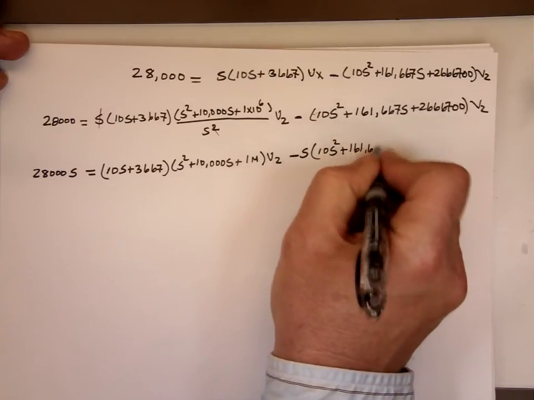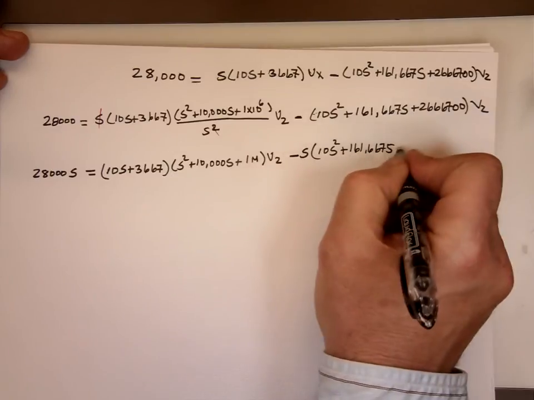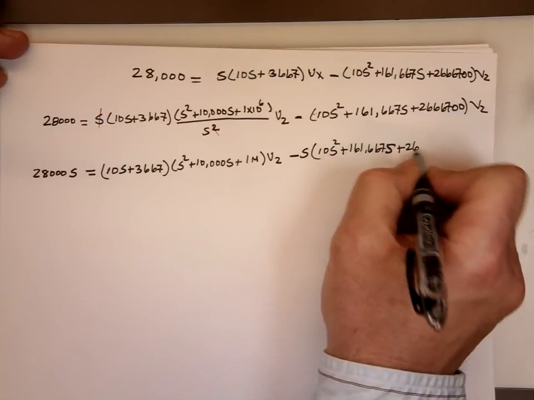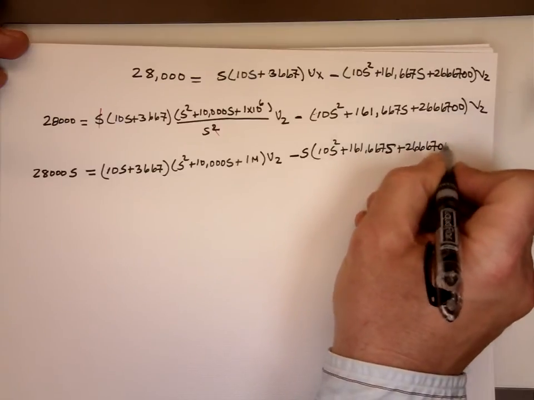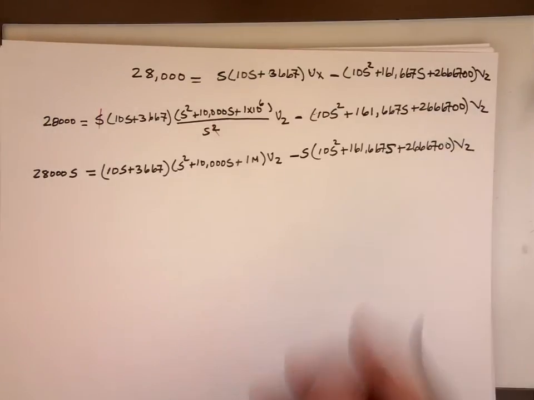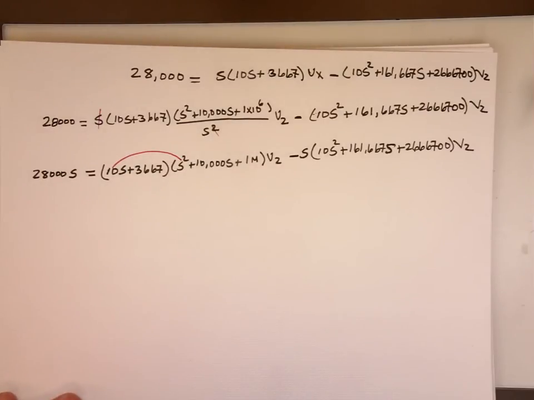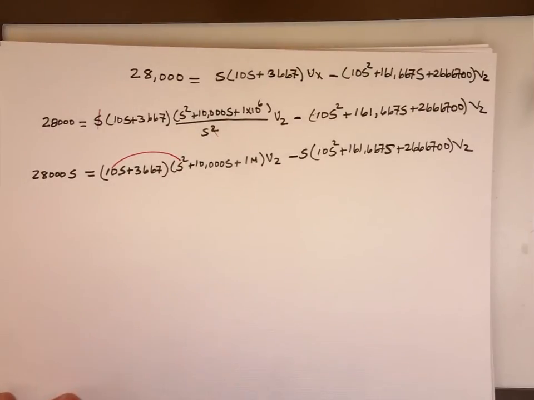Oh, that's an s, not a 5 even. That's an s, plus 2666700 V2. I go, because I saw something which I kind of liked quickly. The s cubed will cancel each other out. What's that? 10s cubed, right? And what's this? Negative 10s cubed, right? That's gone. So these two cancel each other out.